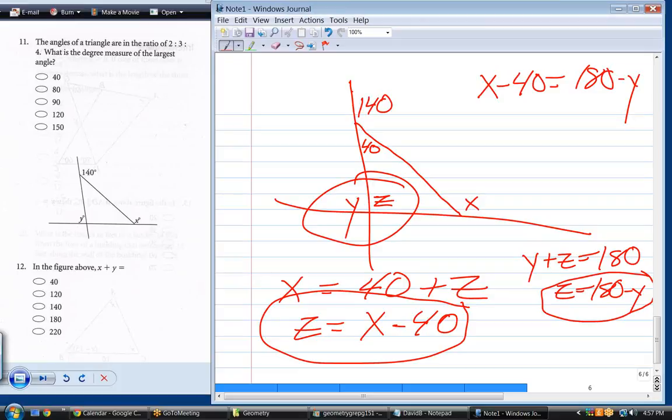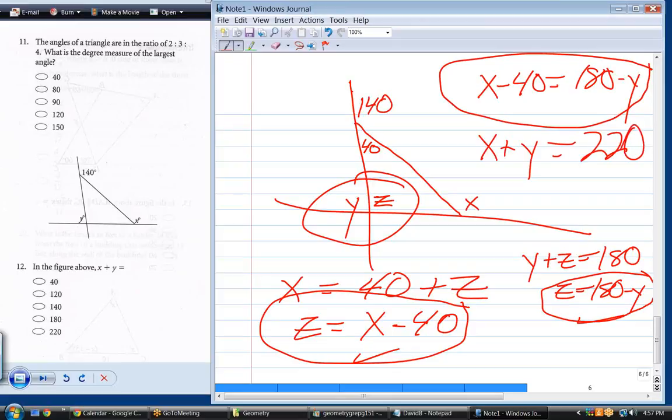Yeah. And that's just solving a system of two equations. It's the same z, so I can set whatever this z equals to whatever that z equals. Now, we solve for x plus y. What's it going to equal? 220. Good.